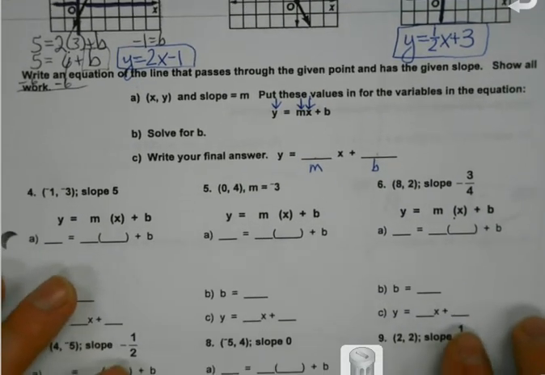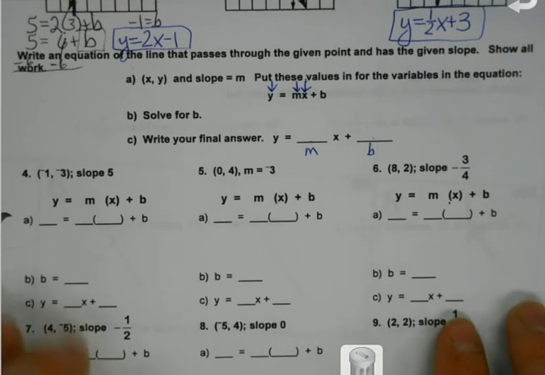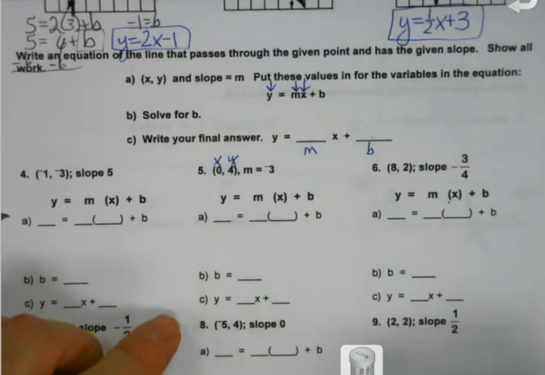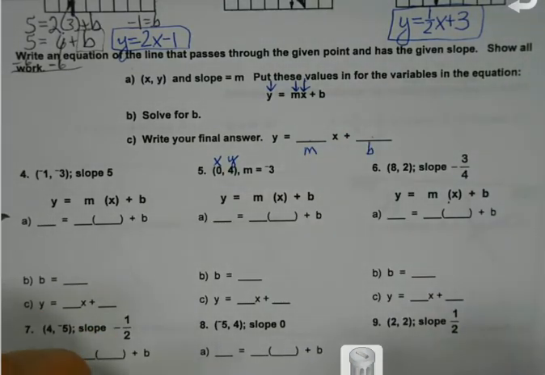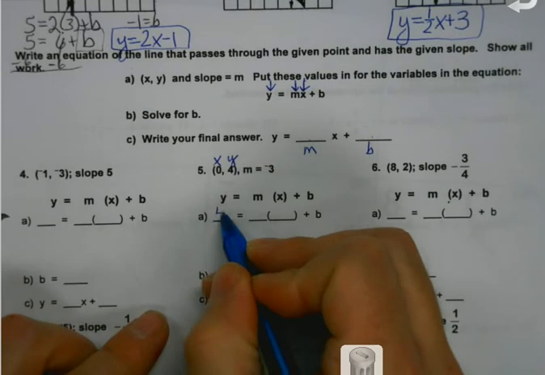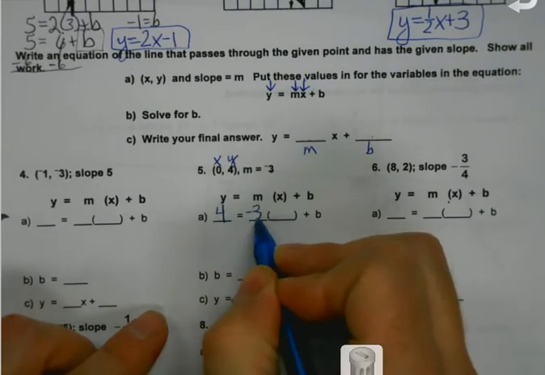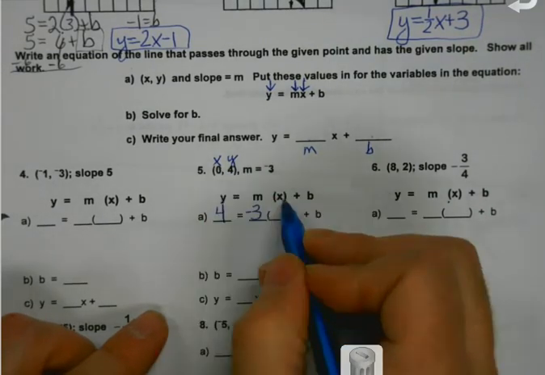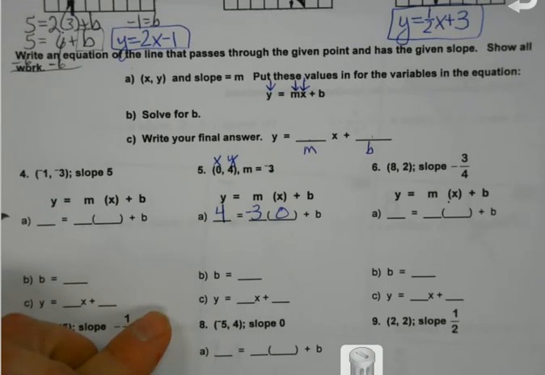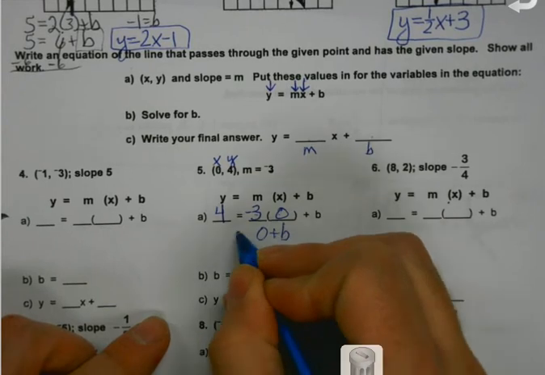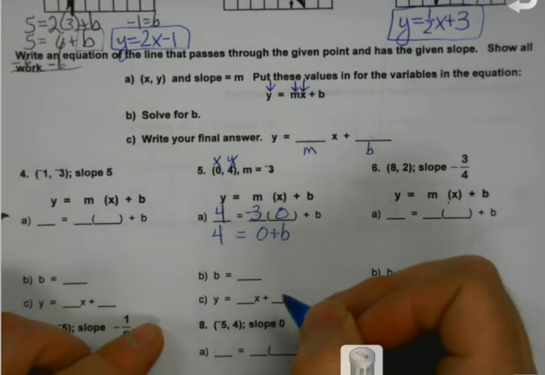So let's keep this where we can see everything. All right, so here's my x and my y. I'm going to plug in my y. M is -3. So we're just doing substitution. And my x is going to be 0. So I say, okay, -3 times 0 is 0, plus b equals 4. Well, I don't even have to do an opposite here.